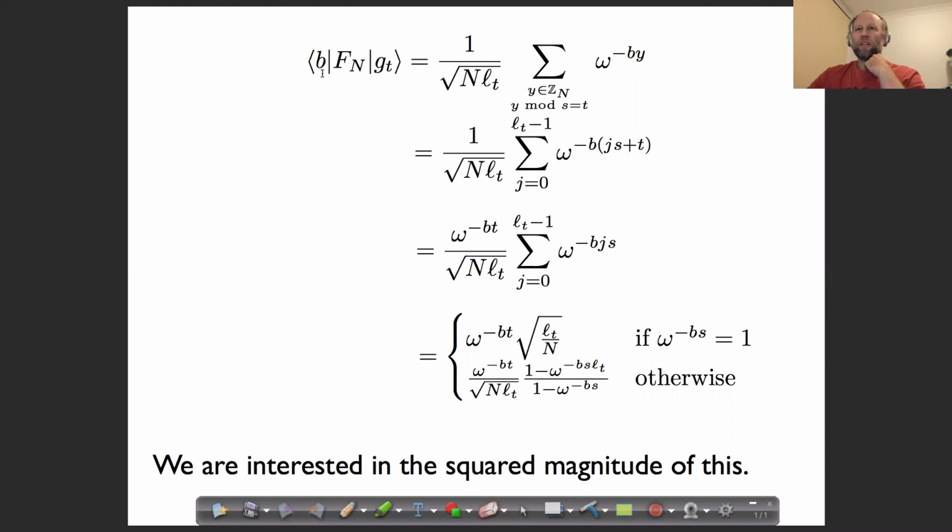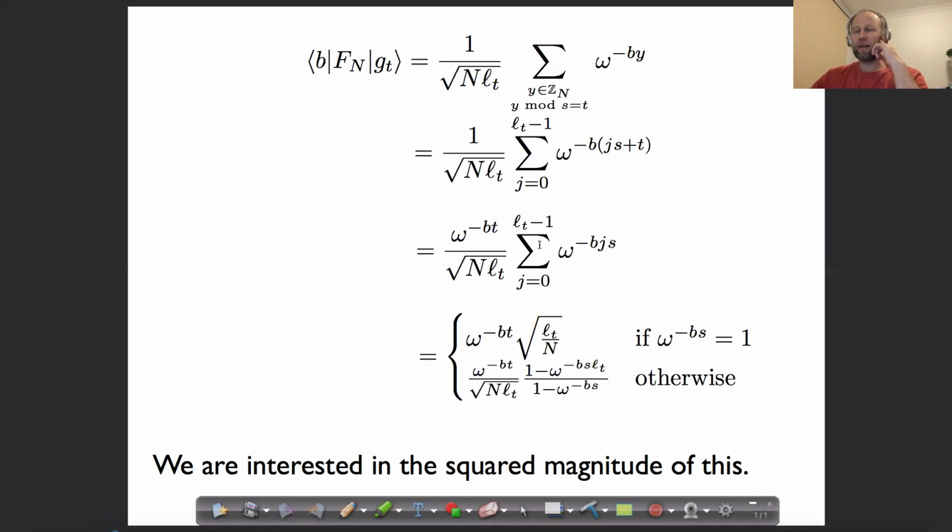When we look at the bth entry of the Fourier transform, what we're going to get is the sum over y mod s equal to t of omega to the minus b times y. Now I'm just going to rewrite y mod s equal to t, so that means that y is of the form j times s plus t. And now I've factored out the factor of omega to the minus bt.